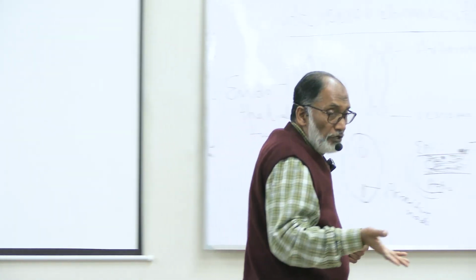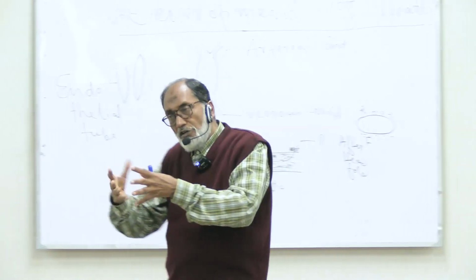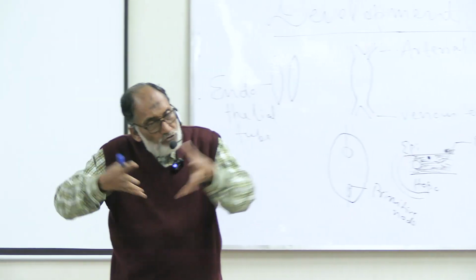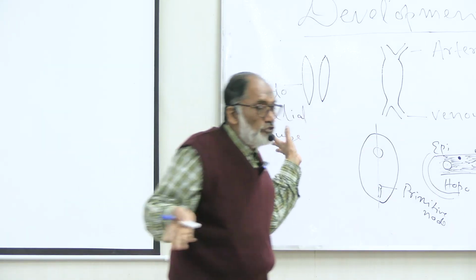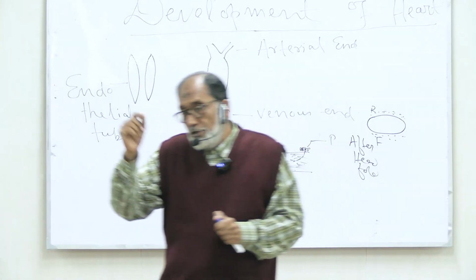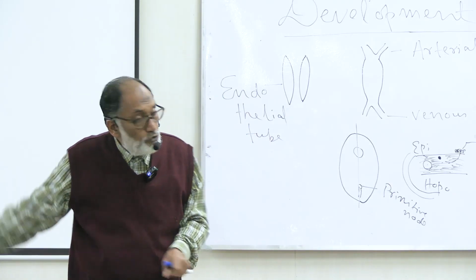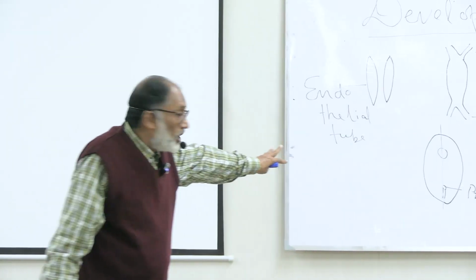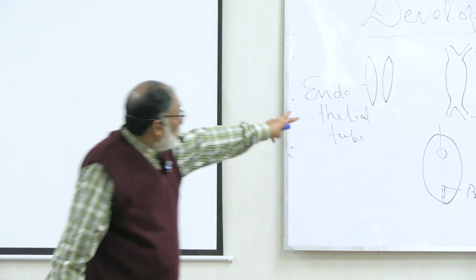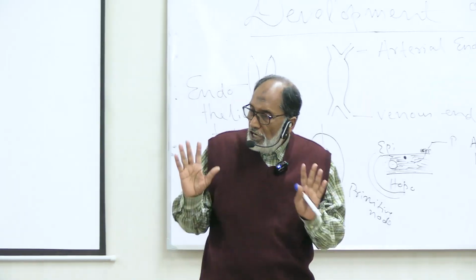During the third week, this nourishment is not sufficient as the embryo gradually grows, so there is a need for development of the heart, or cardiovascular system. So it develops during the third week. First the endothelial heart tube develops.